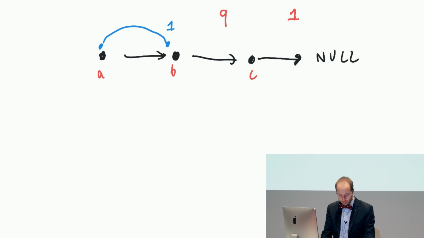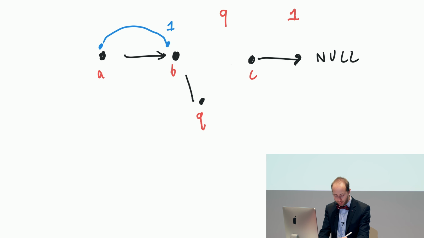We want to move B's link so that it points to a new node. Going to create that node and put Q in there. Unfortunately, B and Q look a little similar. And then we want Q's link to point to the same thing that B was previously pointing to. So we take this link here, and we keep track of what it was previously pointing to, but we reattach it to that node there.